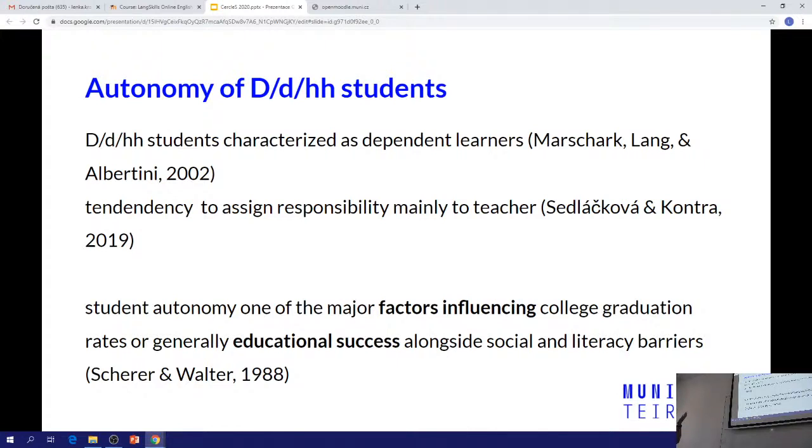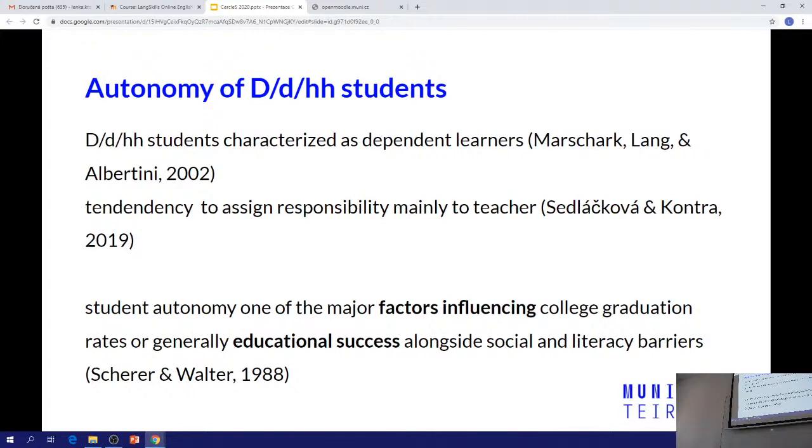On the other hand, deaf learners are often described, in the old research overviews, as dependent learners. This maybe stems from the fact that from very early on, deaf and hard of hearing kids rely very much on adults and on their environment to get the information that they need.